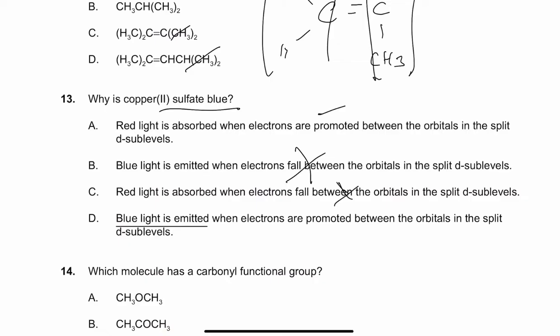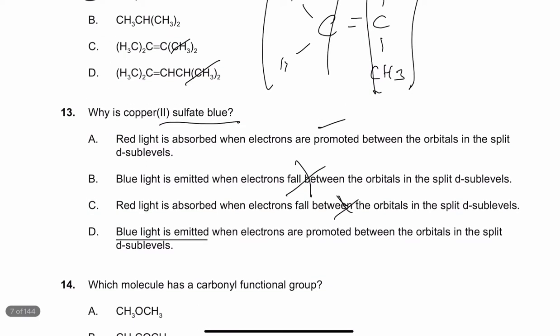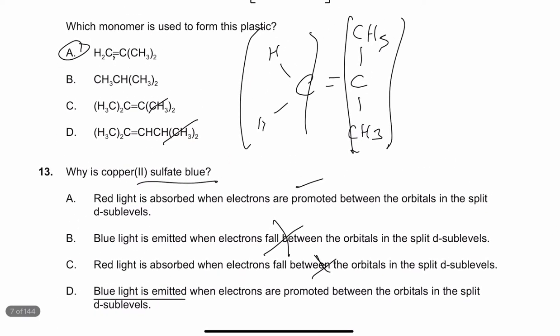The blue color is observed because red light is absorbed, not because blue light is emitted. Because when we absorb a certain wavelength of color, we are reflecting the complementary color of that wavelength, and the complementary color of red light is around cyan, similar to blue, close to blue. That's how we're getting that blue color.